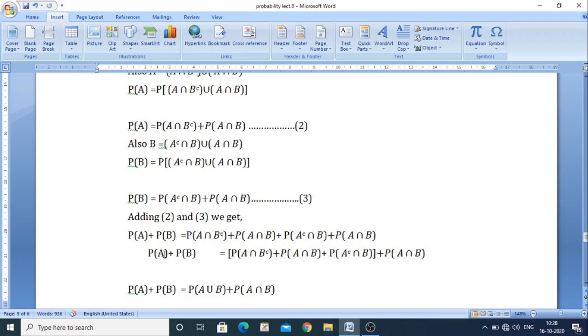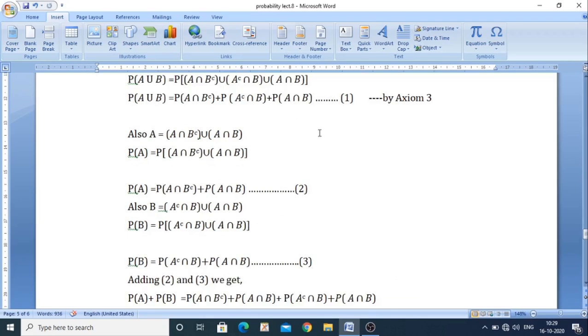Now P of A plus P of B is equal to, I will keep all the first three terms in one bracket, that is P of A intersection B complement plus P of A intersection B plus P of A complement intersection B in this square bracket, and then P of A intersection B as it is.